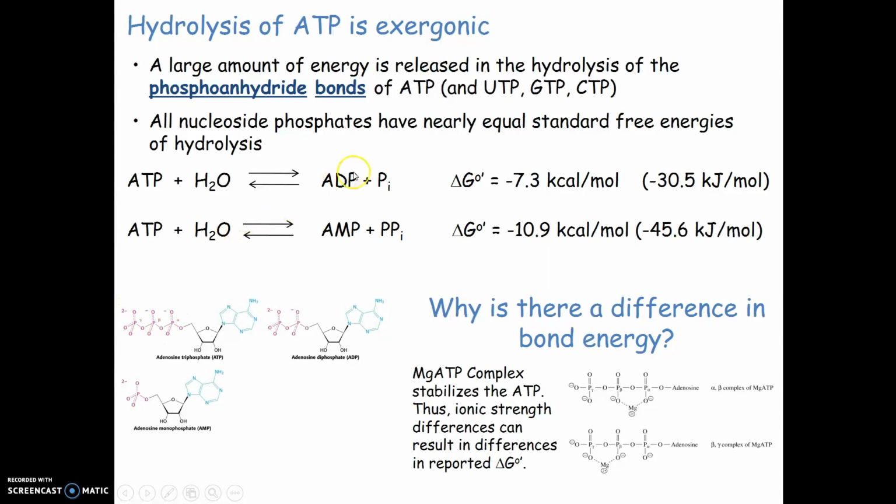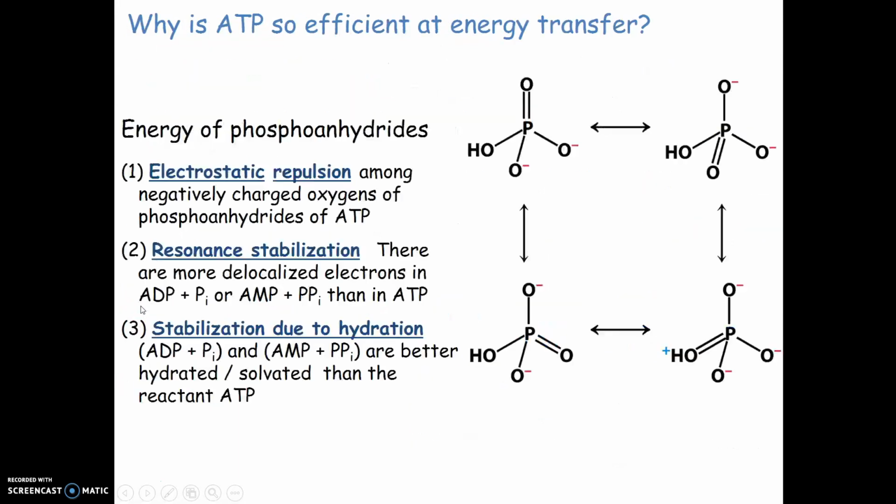And so when we take off a negative charge from there, we get a lower energy product than what we started with. And so because of that, we get a negative delta G. There's a negative difference. The products are lower in energy because one of the reasons is this electrostatic repulsion of the negative charges of your oxygens.